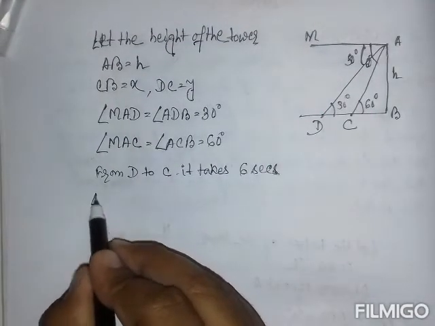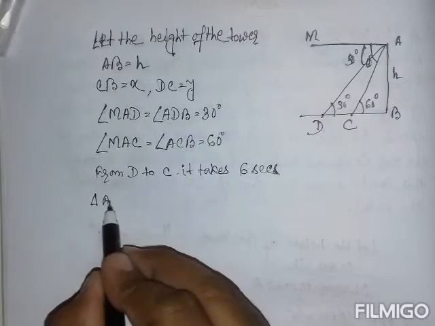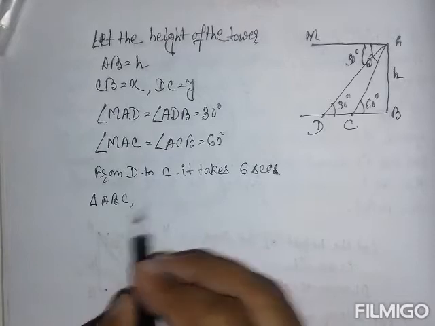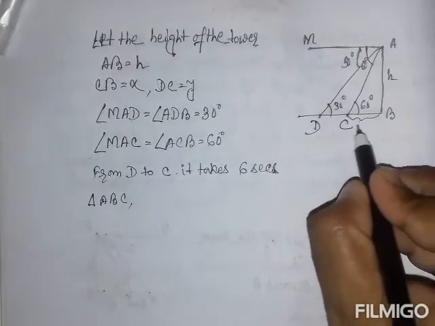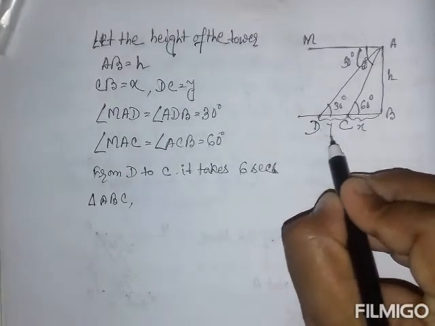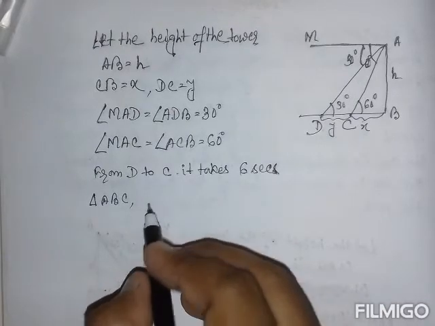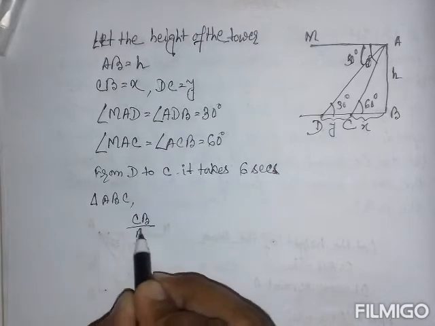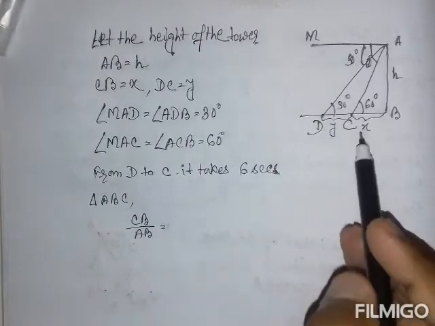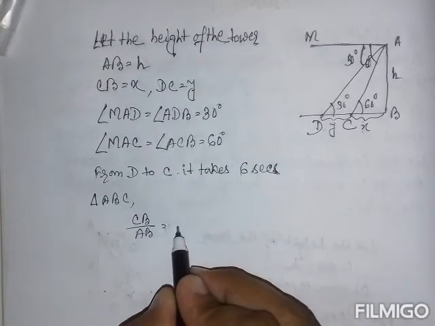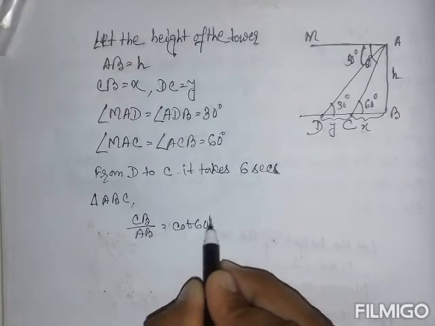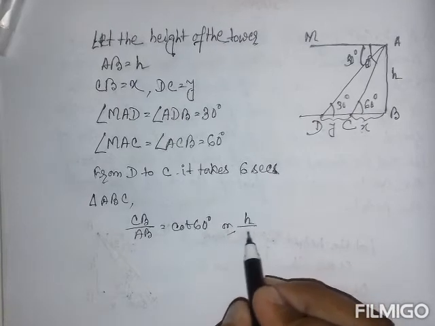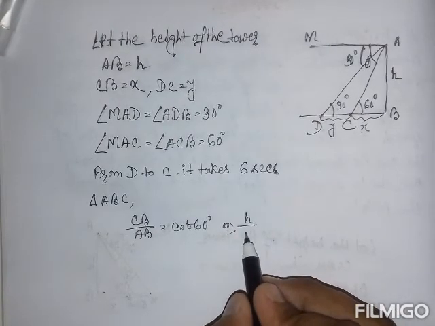Now from right angle triangle ABC we can tell, this is X and this is Y. Now we can take that CB by AB, means base by perpendicular, is equal to cot 60 degree.